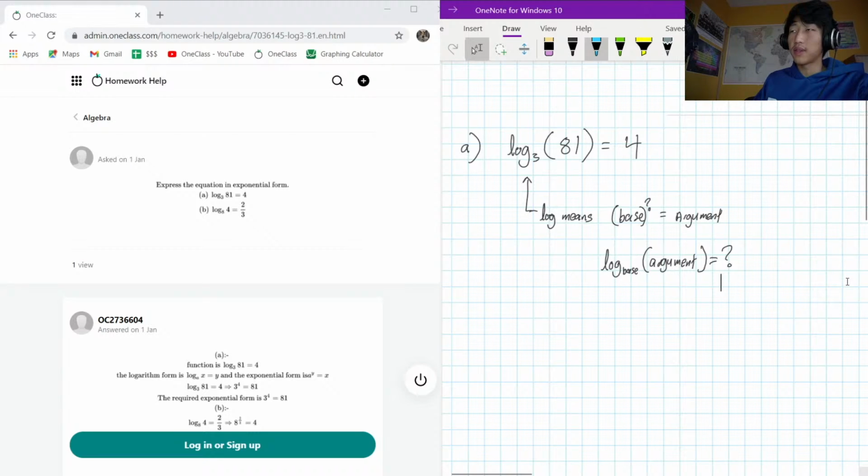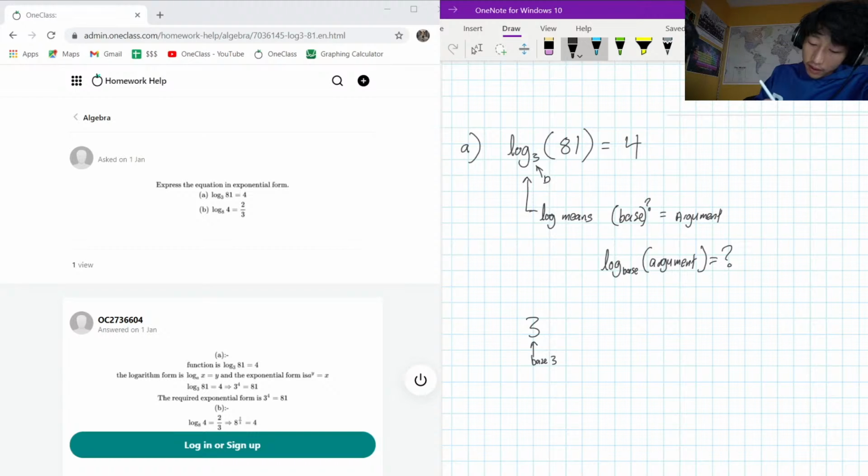Now, how do we know that this is right? Okay, so pretty much what this is saying is that 3, which is the base, which comes from there, to the result is equal to 81, which is the argument.